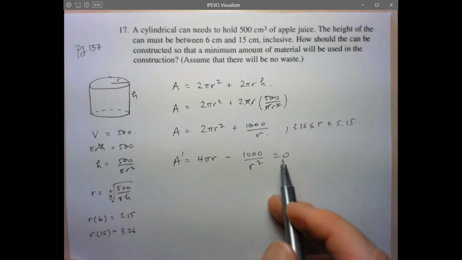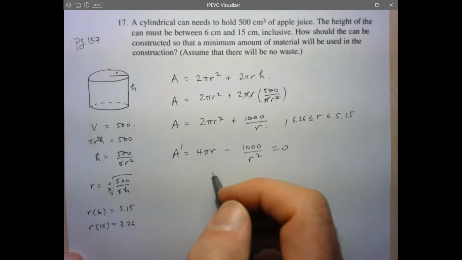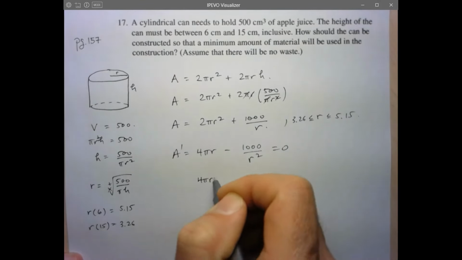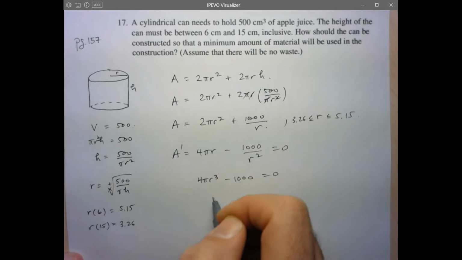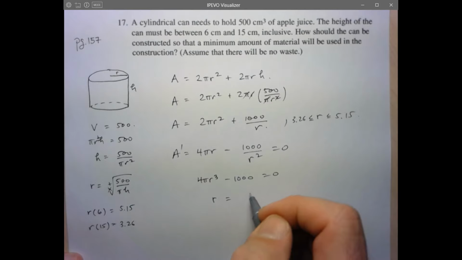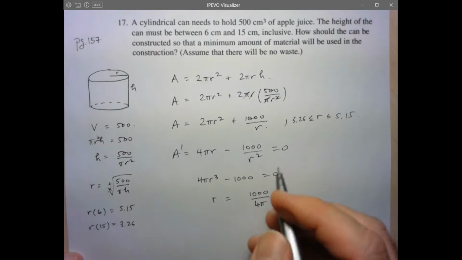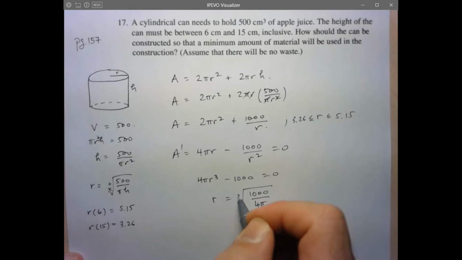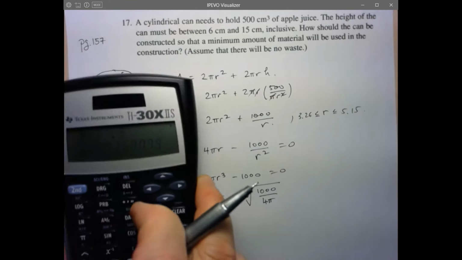Fairly straightforward rational equation. Multiply both sides by r squared. So I end up with 4 pi r cubed minus 1,000 equals 0. And so r is just, we'll bring the 1,000 to the other side, divide by 4 pi, and then take the cube root of that. All right, and that's our only critical point.